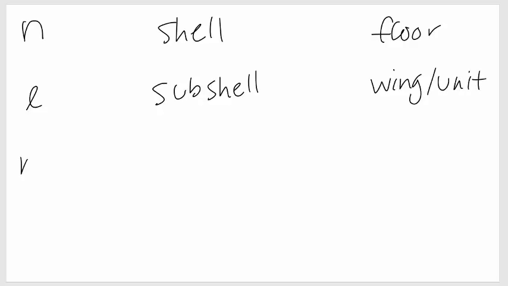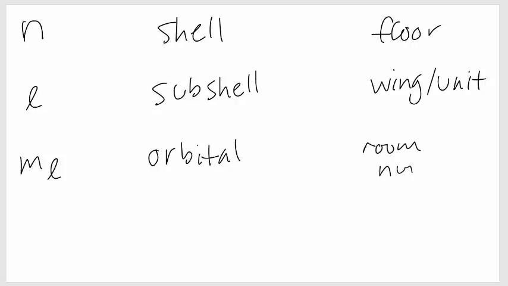Then we just talked about the magnetic quantum number, M sub L. This is sometimes called an orbital, and this narrows down our location even further in an atom. So in our analogy of a hospital building, this would be like giving a room number. That room number goes to a particular unit on a particular floor of the hospital.